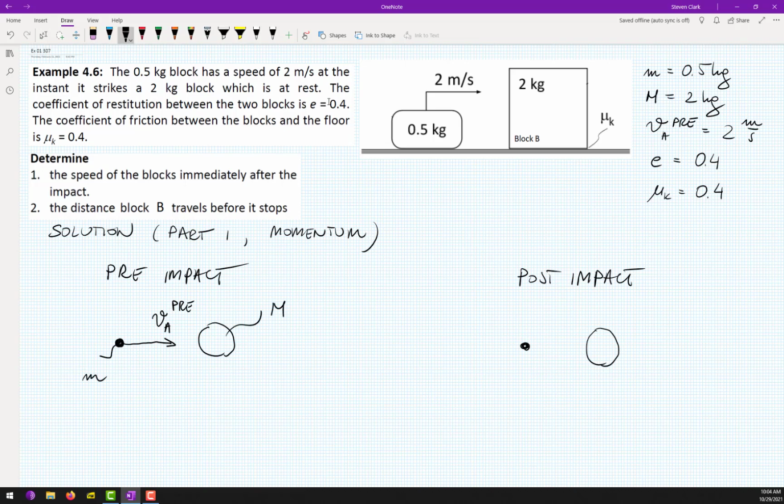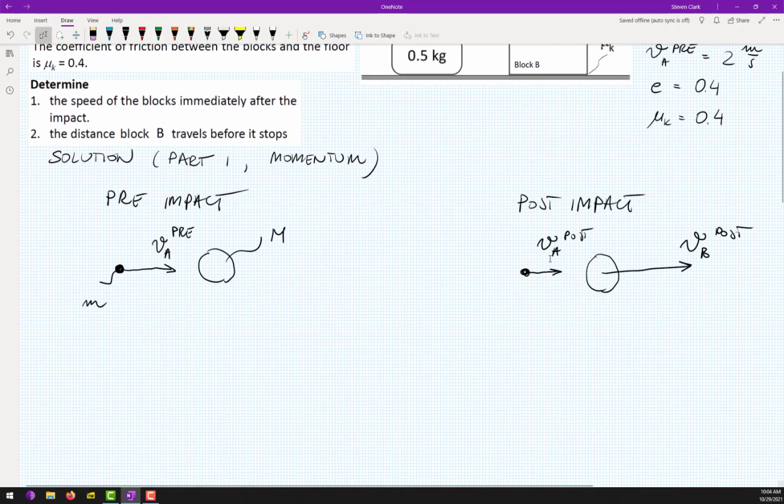This guy has big mass M and no velocity. After the impact, let's assume that this guy has velocity this way, and maybe this guy has velocity this way. We will see. VB post, VA post. Okay, we have our diagram.